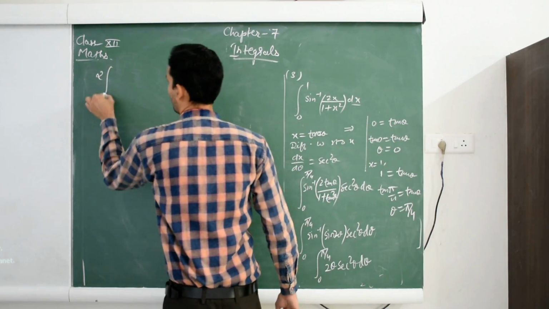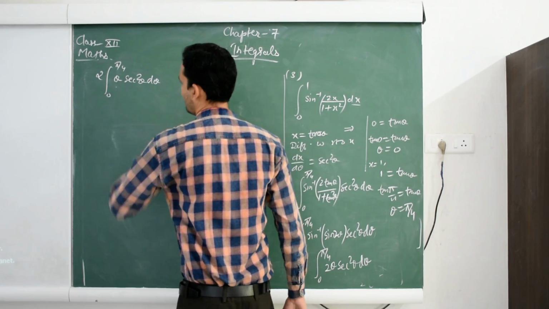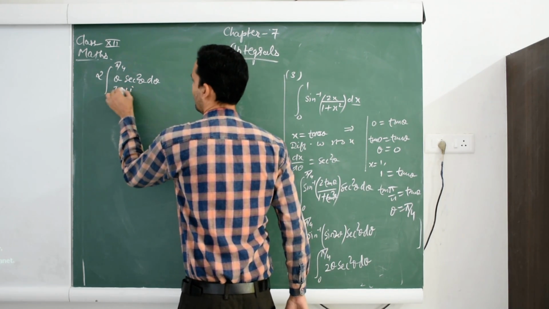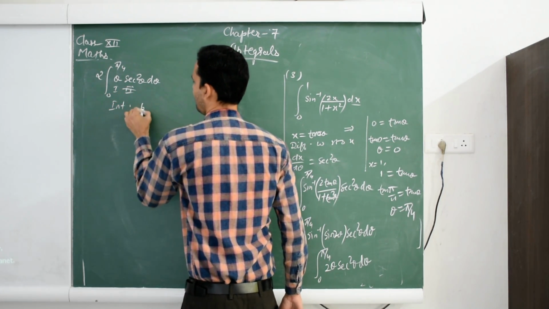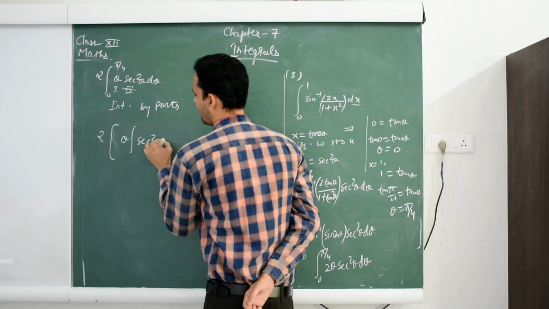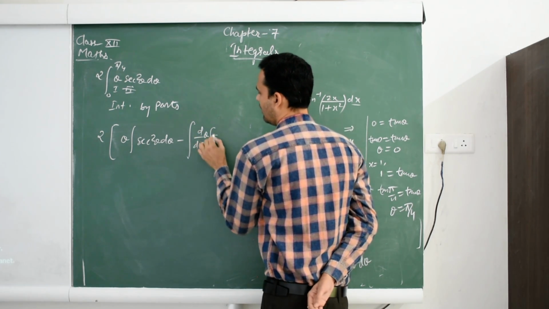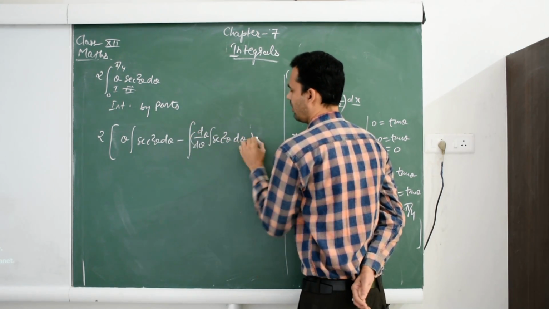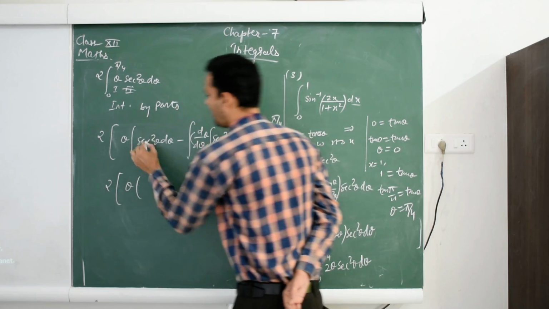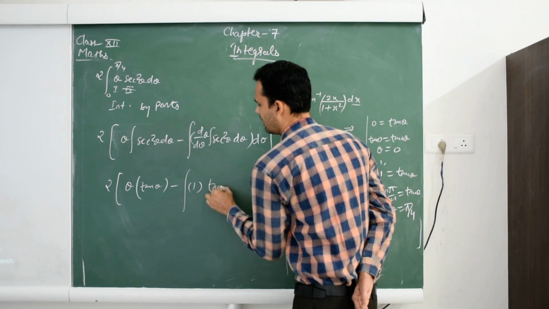So we write it as 2 times the integral from 0 to pi by 4 of theta sec square theta d theta, where first is theta and second is sec square theta. So the integration of sec square theta is tan theta, minus the differentiation of theta, which is 1, times tan theta.